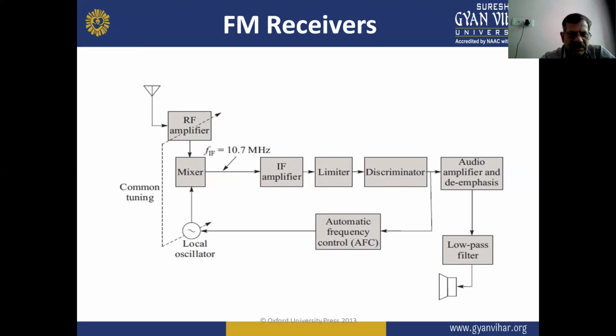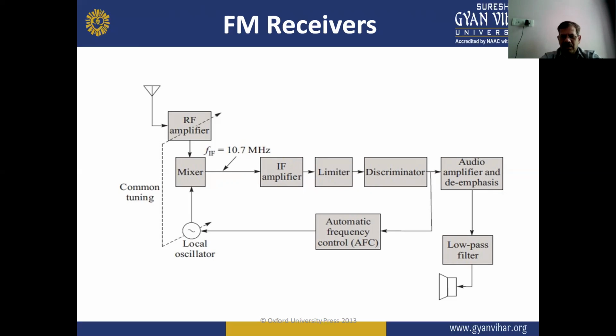Also another signal generated by the local oscillator is applied to this mixer, and after mixing the two signals, the output of this mixer has the IF frequency 10.7 megahertz. This signal is applied to the IF amplifier, then to the limiter and discriminator, and again by the loop of automatic frequency control AFC to the local oscillator.